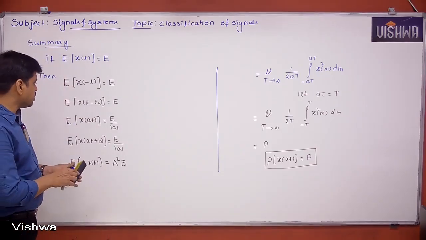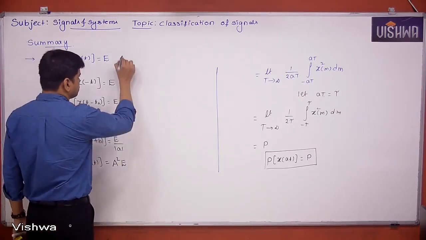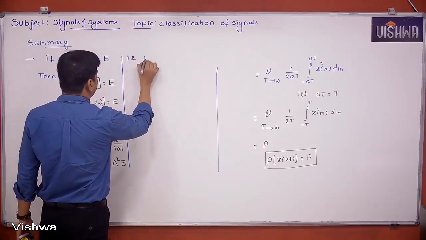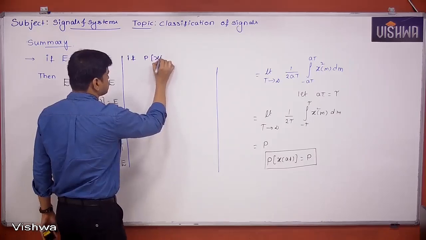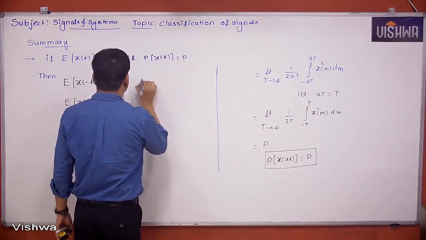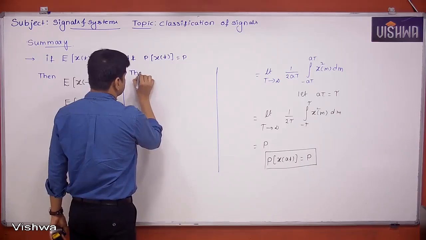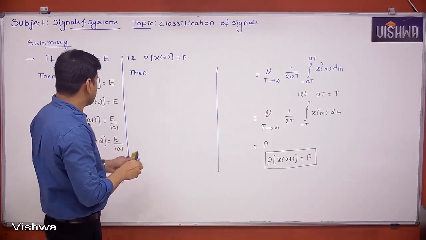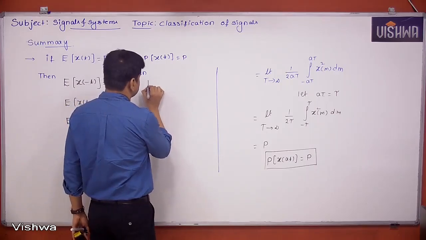In the similar manner, if I go with the power signal, if power of x of t is p, then what is the power of x of minus t?